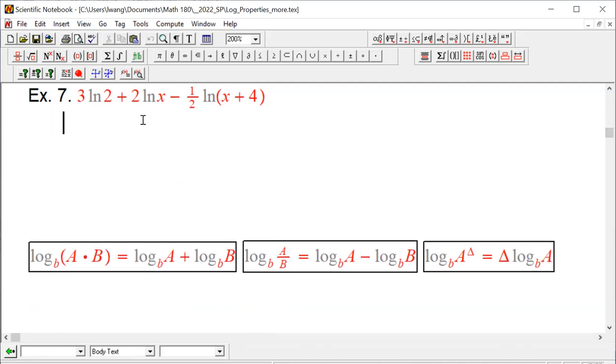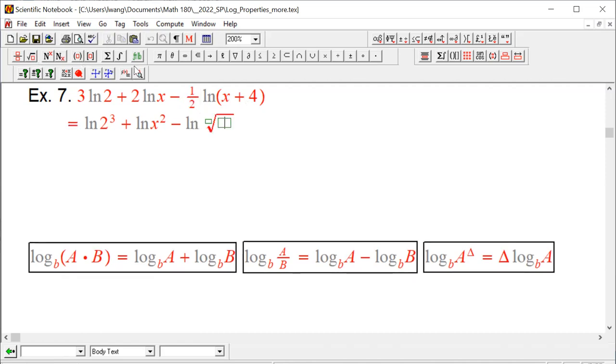Let's see how we do that. Okay. So we have ln, so the 3 power is going to be brought inside. So that's going to be 2 to the power 3. And the second one using power rule, we're going to have ln x squared minus ln of x plus 4, but the half power is going to go inside. So we're going to get a square root of x plus 4.